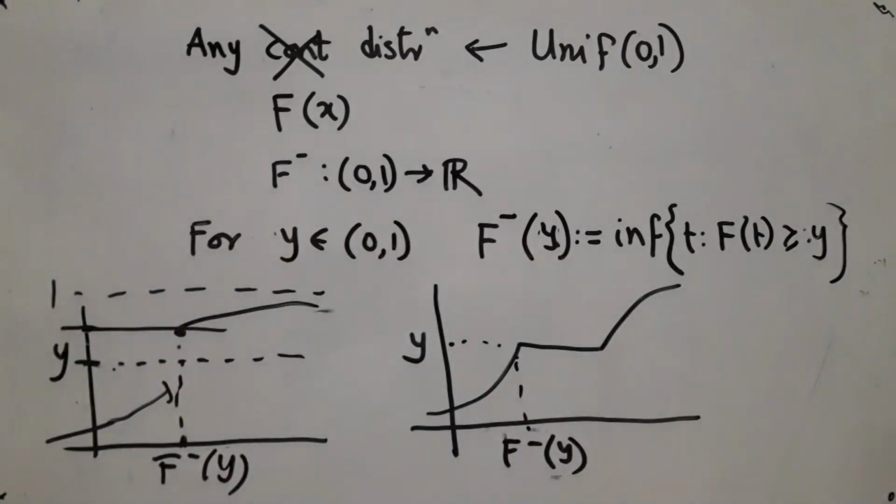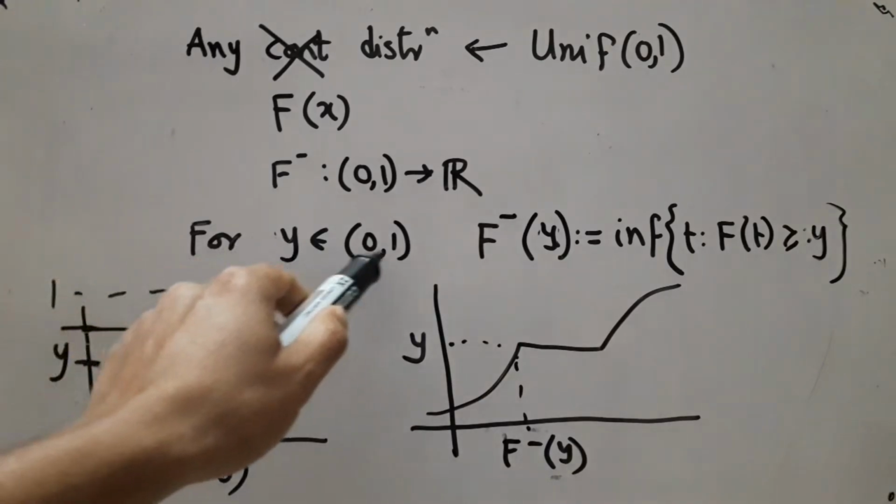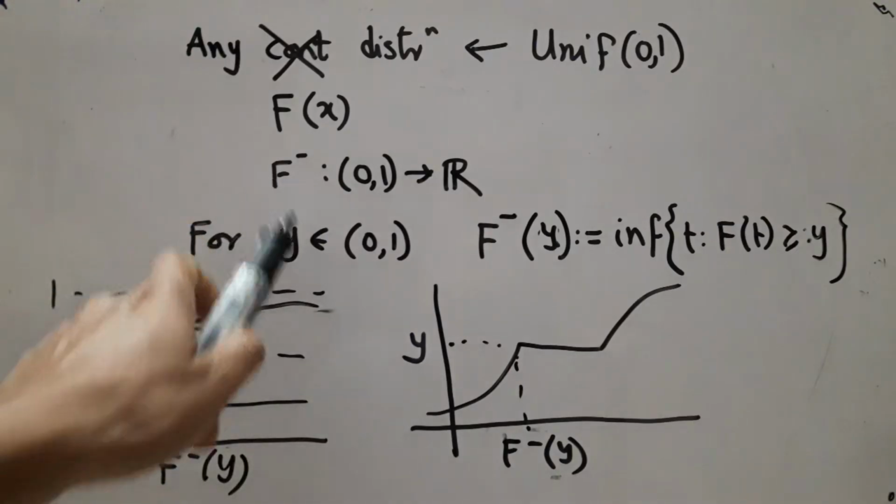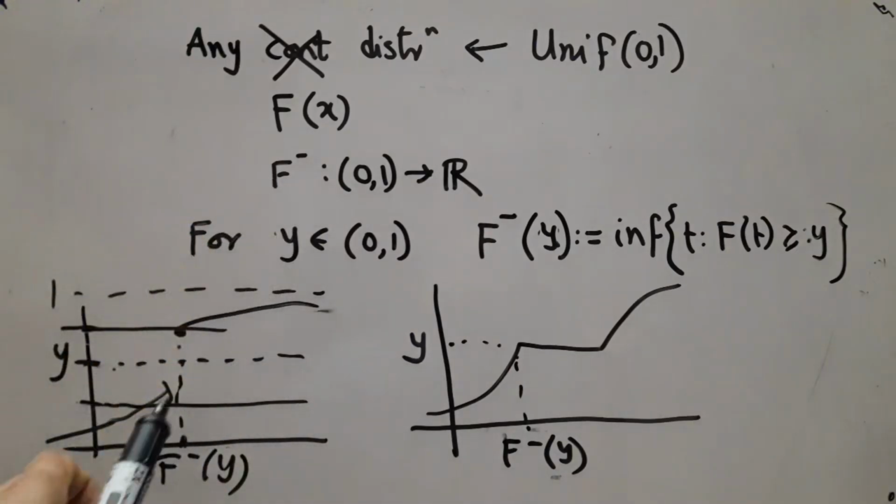To show it is bounded from below, you again observe that y lies strictly between 0 and 1, so there is some value which is between 0 and 1, and you draw a line like this, because F will converge to 0 as you go towards the left. Somewhere or other it will fall below that line.